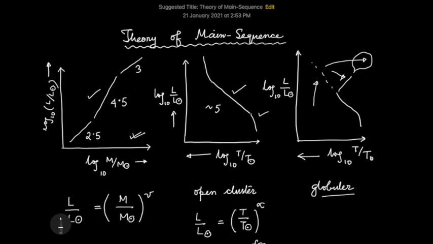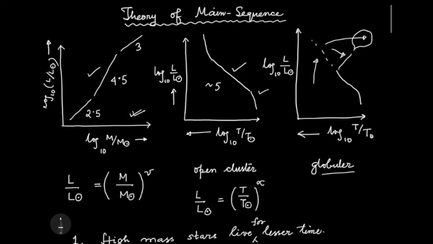Sometimes the numbers were off, like the 4.5 in the luminosity-mass diagram was 3, and the 5 in the luminosity-temperature HR diagram was 5.4 or 5.6. But that's all right, because we did not even solve these equations, but still it explains so much of the physics.